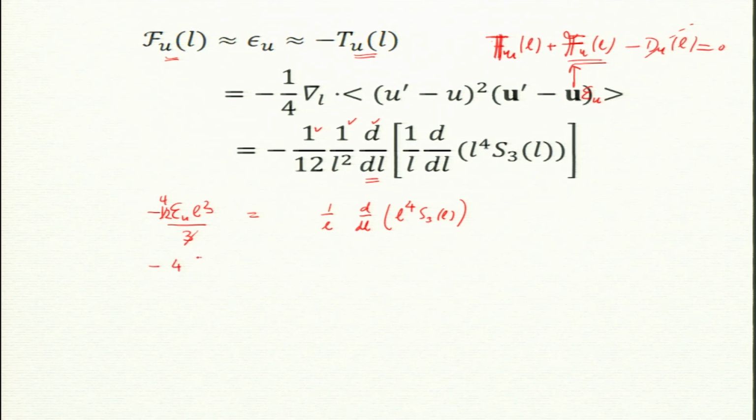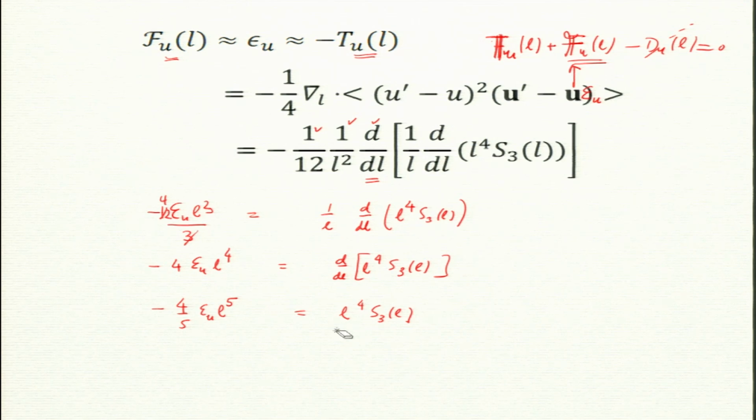So it becomes minus 4 epsilon U L^4 is d by dl of L^4 S3 of L. Integrate this: 4 by 5 epsilon U L^5 is L^4 S3 of L, and now divide by L^4. So this goes and that, okay. You can clap. So this is how we get S3 of L is minus 4 by 5 epsilon U L.